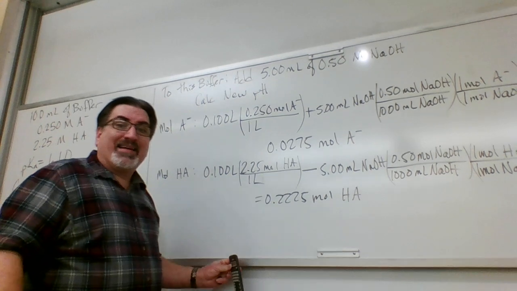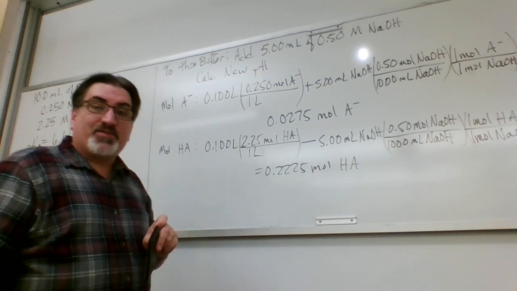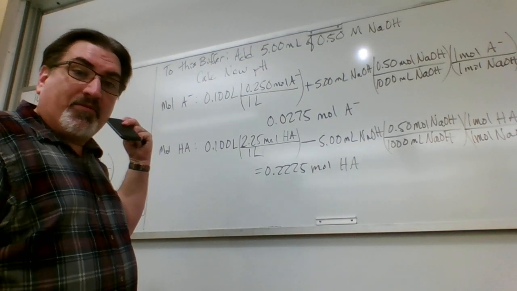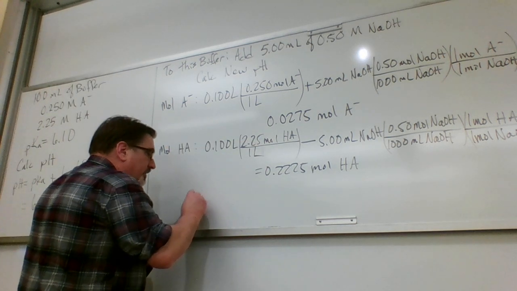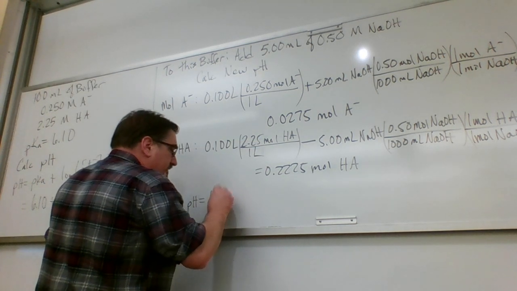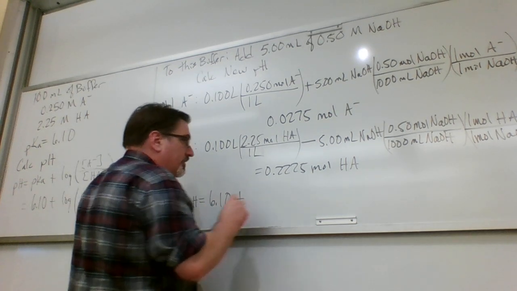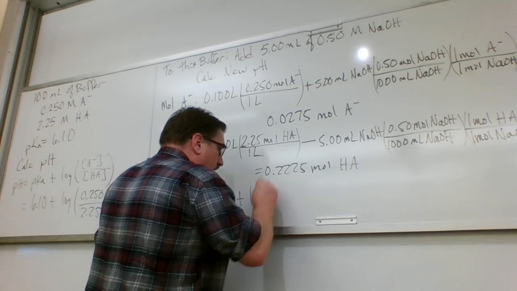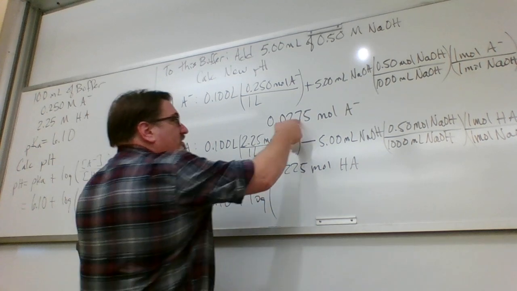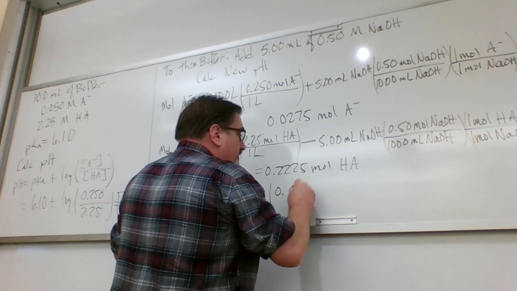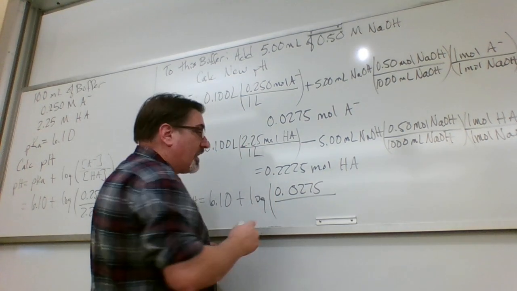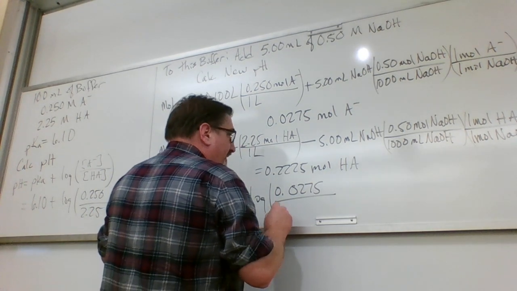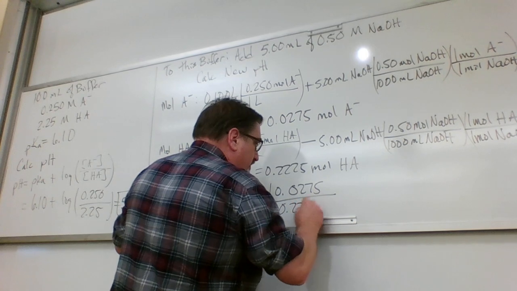Now we have everything we need to calculate the pH of this buffer as it stands right now. We have the pKa from the problem and our new number of moles. So pH is equal to 6.10 plus the log. Our A minus is now 0.0275. Well, moles now, not concentration. And our moles of HA, 0.2225.